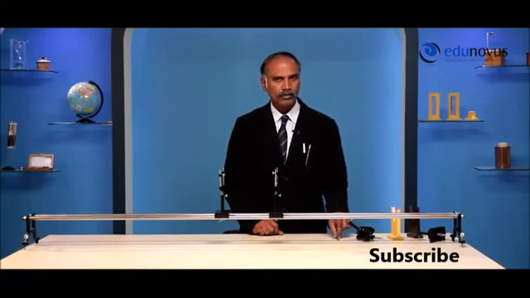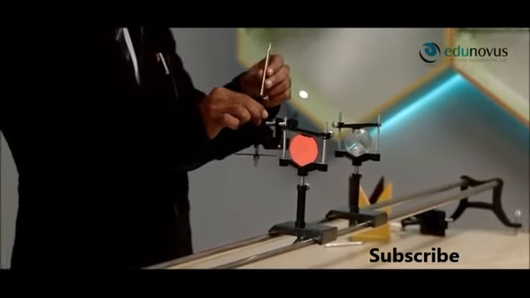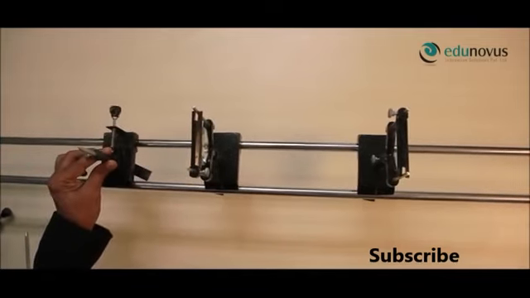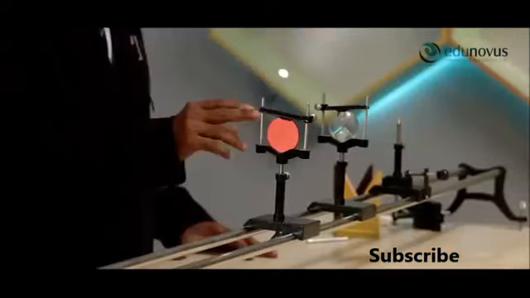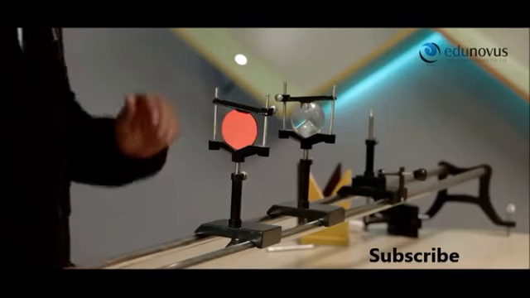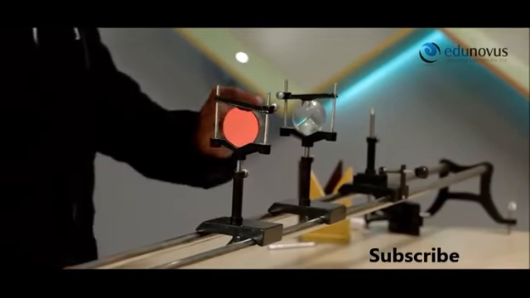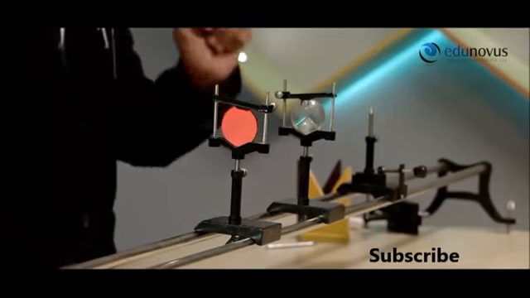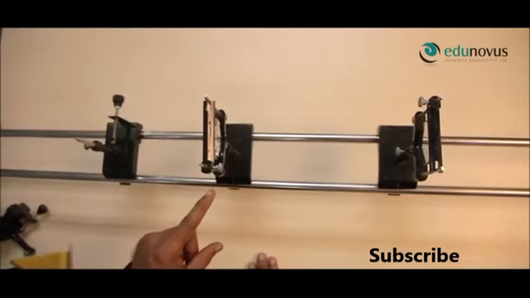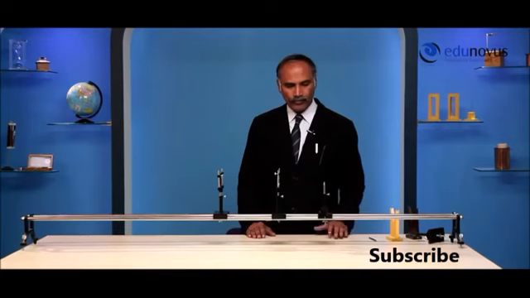Now, take the object needle and fix it in another upright. Mount the upright on the optical bench such that the convex lens comes between the mirror and the object needle. As we found, the focal length of the lens is 10 centimeters. The position of the object needle should always be beyond the focus of the lens.